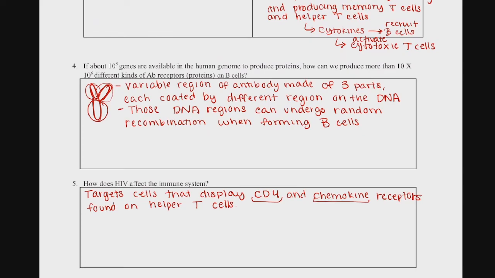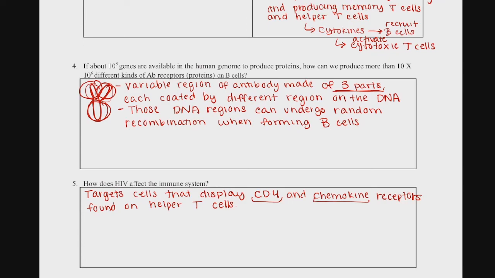There is another question in the chat that asks, what results when DNA regions undergo random recombination? And is it a decrease in gene recombination? So all I meant to say was, the reason why we can produce so many receptors on B cells while not having that many genes is that there are 3 different variable regions on the antibodies, as I've shown. So those 3 parts have 3 different segments on the DNA.